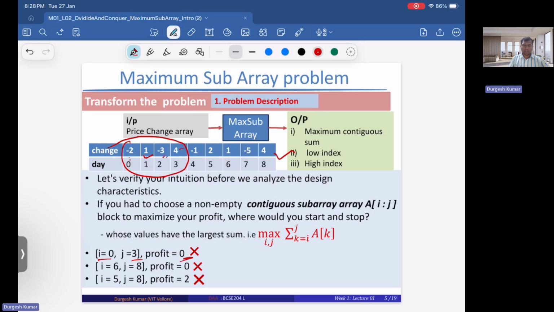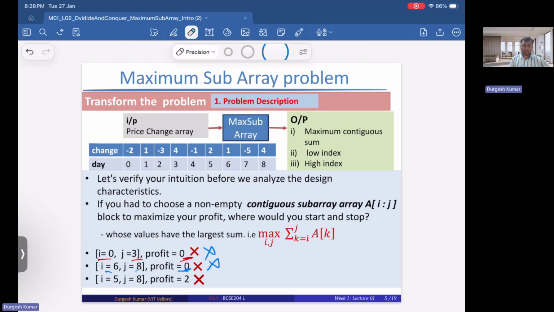So net sum 0. This definitely does not look like the maximum sum possible from this array. Another is i equal to 6, j equal to 8. So we are considering this. Net sum equals 4 plus 1, 5, 5 minus 5, 0, again 0. So this also does not look like the maximum possible sum from this array.